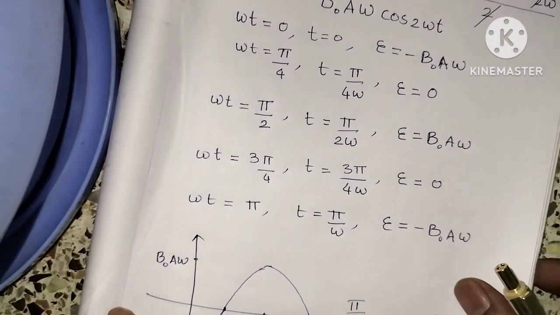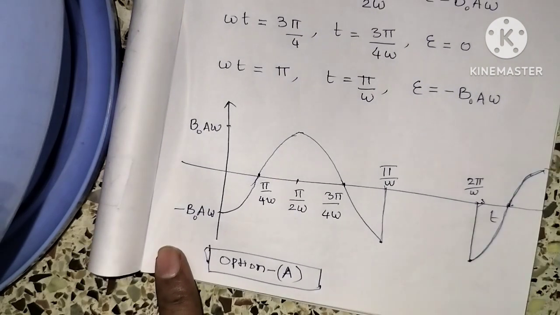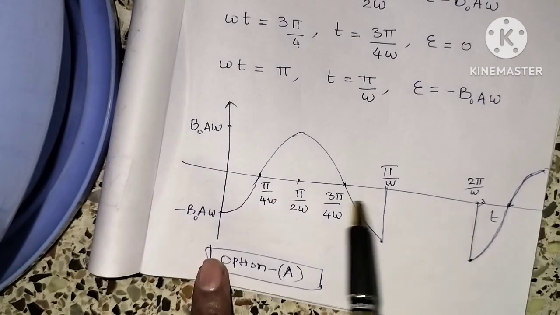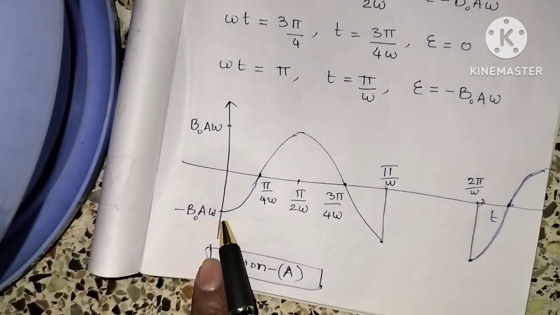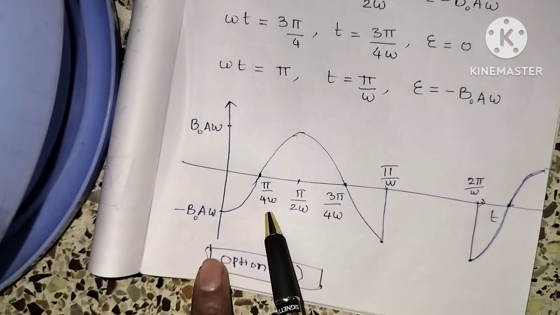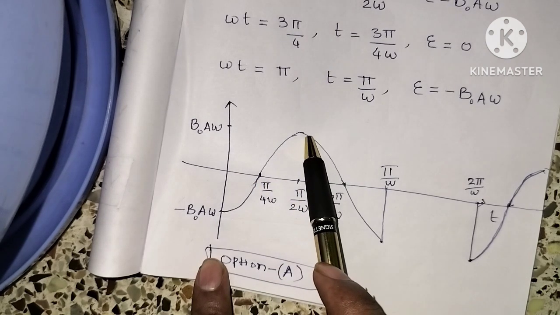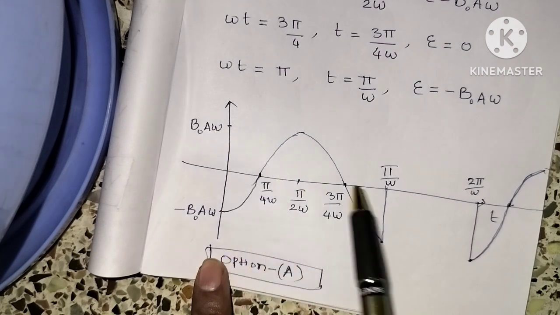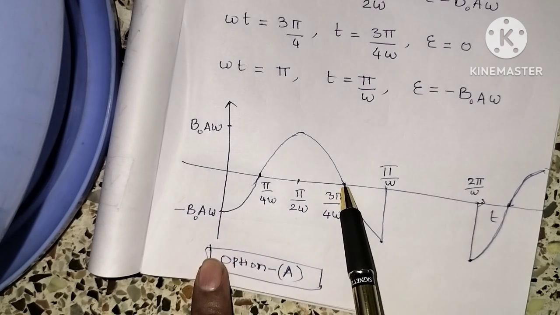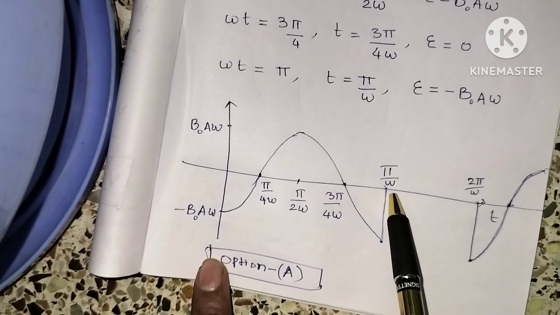So I am plotting the graph like this. On the x-axis you take time: at t equal to 0, it is minus B naught A omega. At pi by 4 omega you will get 0, at pi by 2 omega you will get plus B naught A omega. At 3 pi by 4 omega it will be 0, and at pi by omega it will be 0.